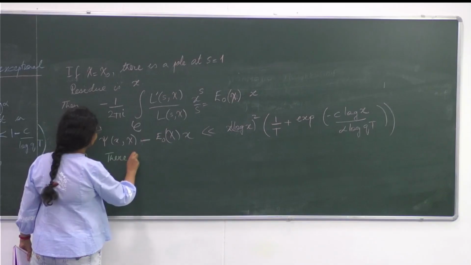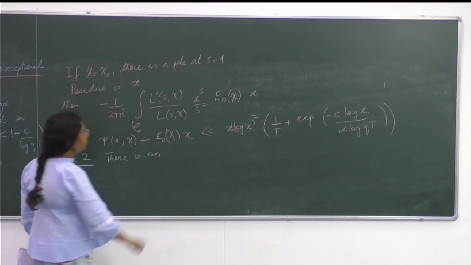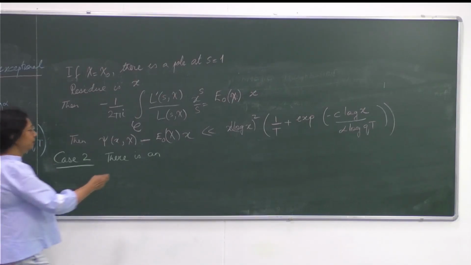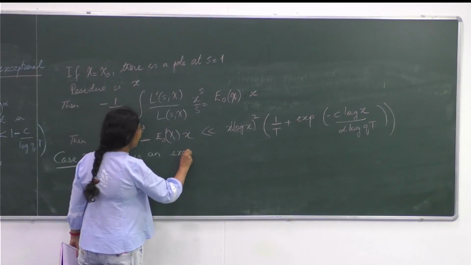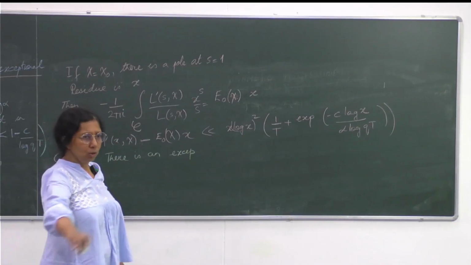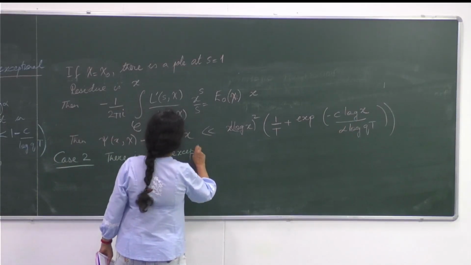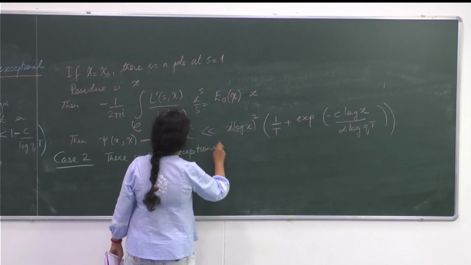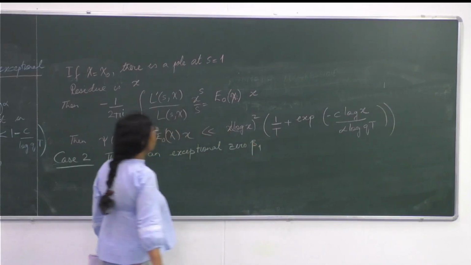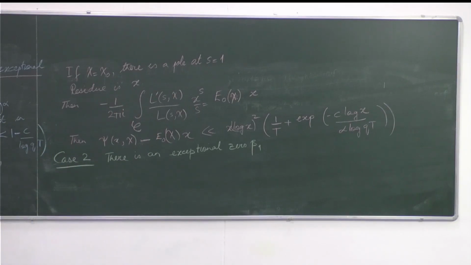I'm allowed to write an exceptional 0 because I know that if it exists, there is only one. It's already bad enough; we don't want many of them. There is an exceptional 0, which I call beta 1.